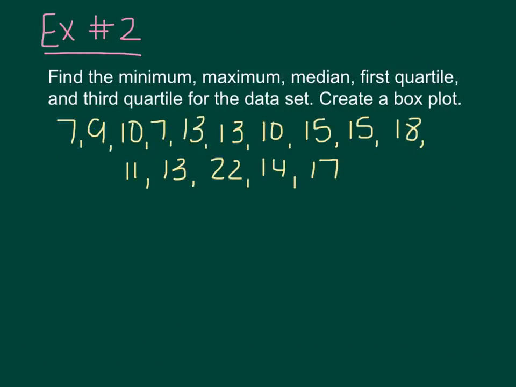And we're going to do the same thing to find the minimum, maximum, median, first quartile and third quartile. We have to first put the numbers in order from least to greatest.